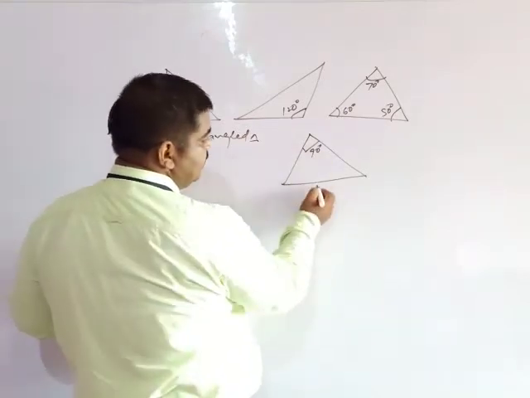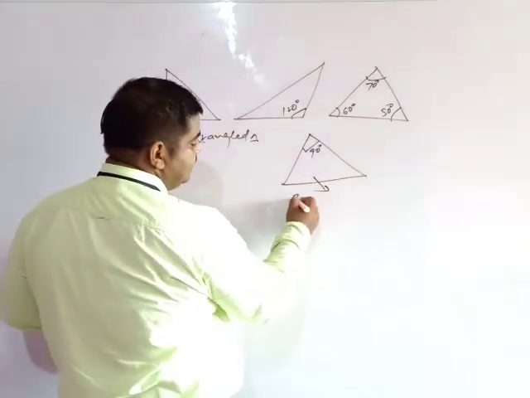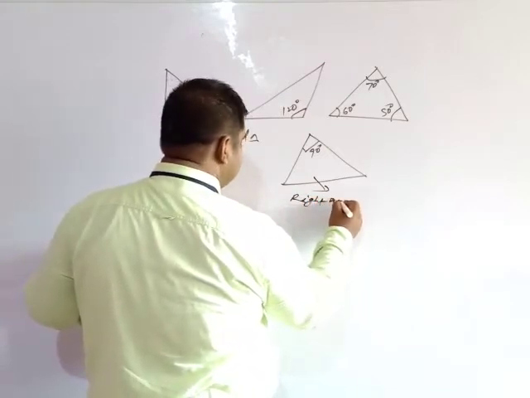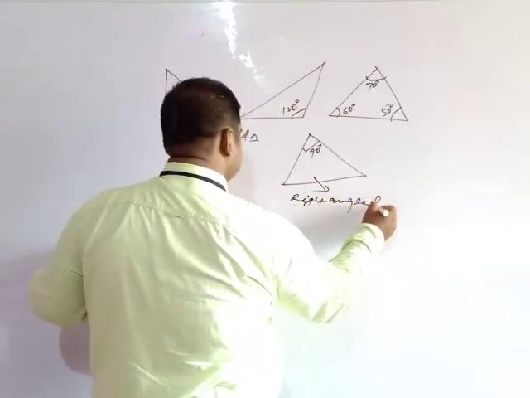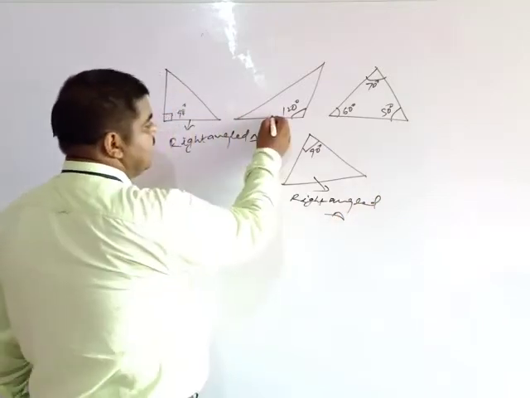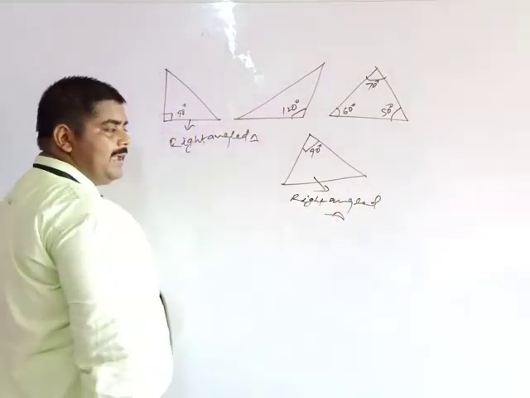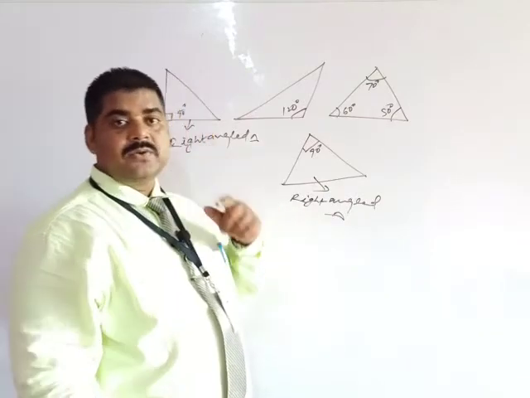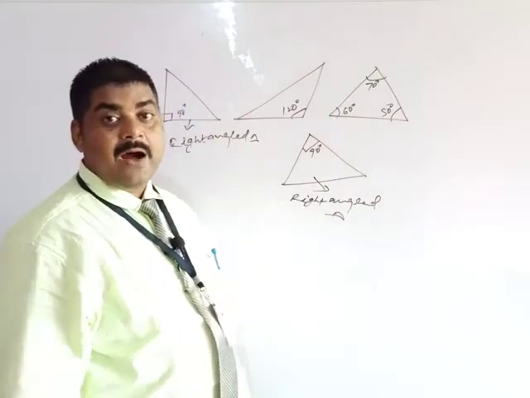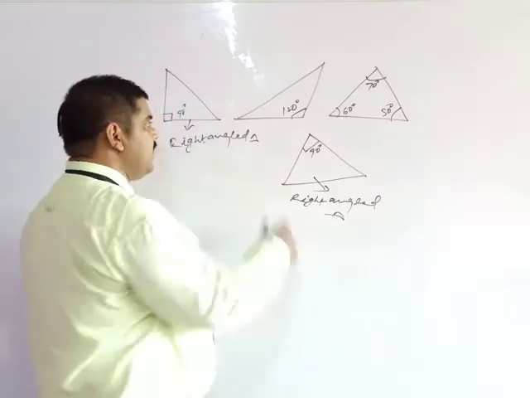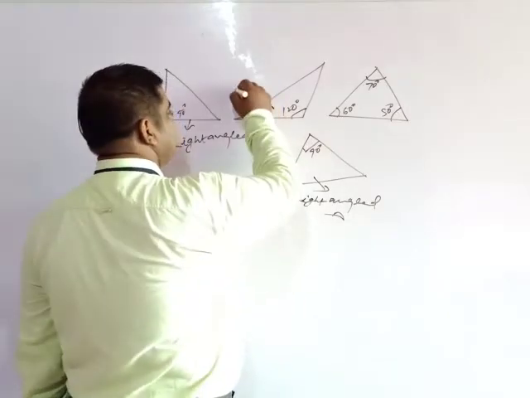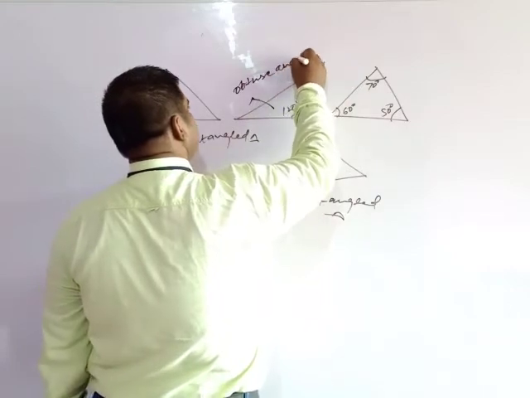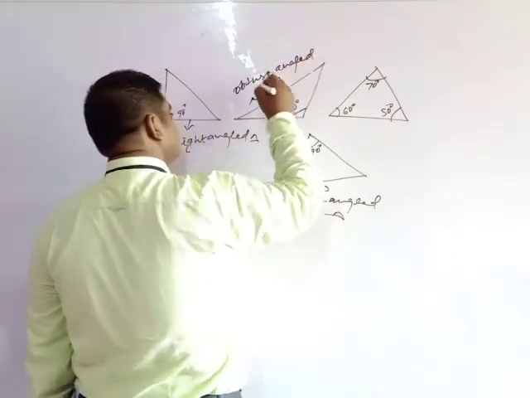This one also has one angle of 90 degrees, so it is also a right angled triangle. This triangle has one angle of 120 degrees, and you know that 120 degrees is an obtuse angle, so this one is known as an obtuse angled triangle.